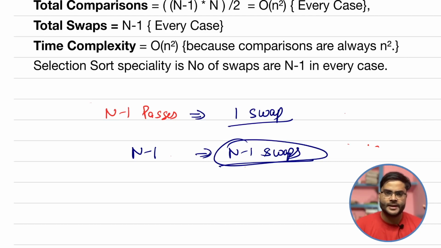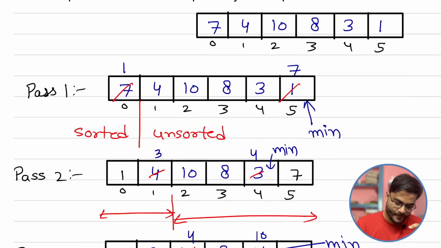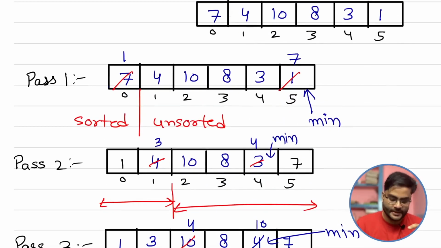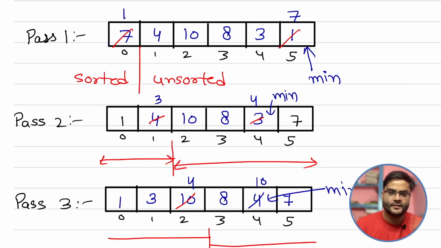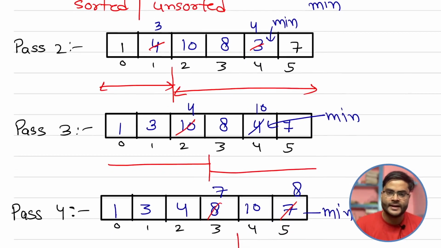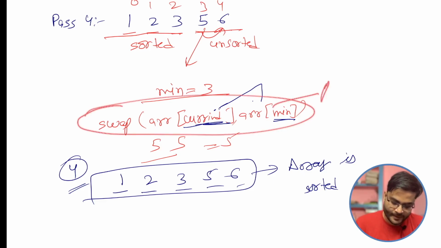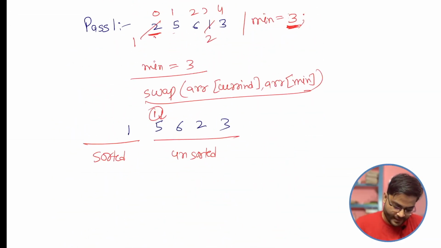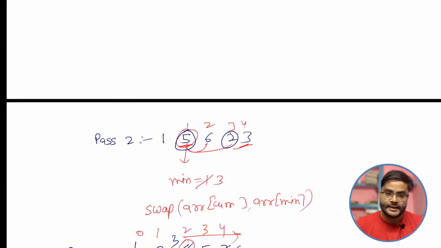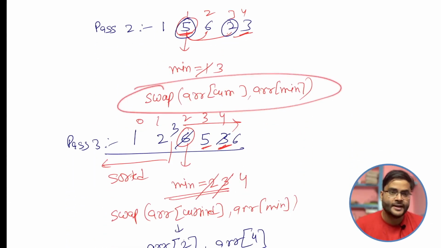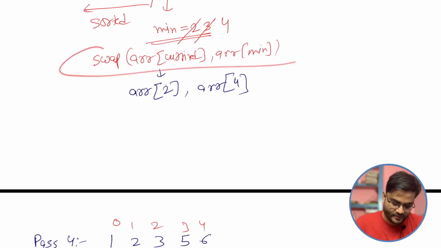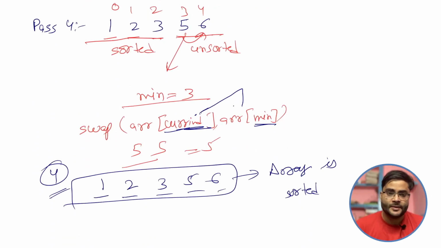We are running n-1 passes. In every pass we are swapping one time. In pass 1 we are swapping one time, in pass 2 one time, in pass 3 one time, in pass 4 one time, right?